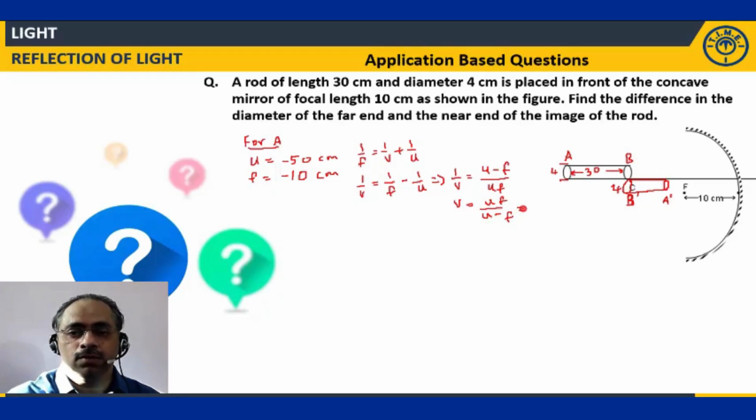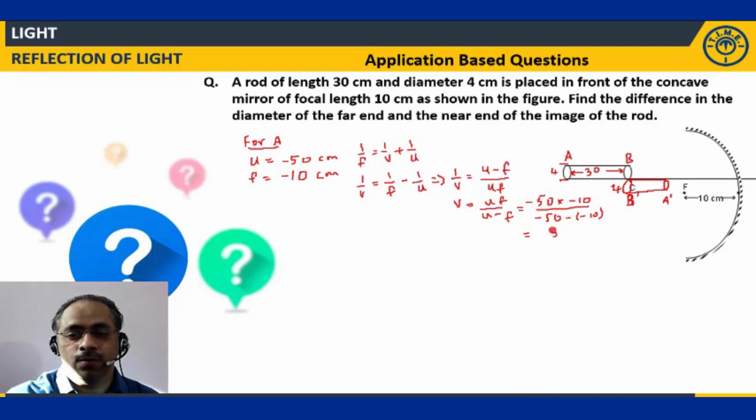Once you get this, now substitute the values. What is the value of U? Minus 50. So I'm writing minus 50 over here. Into F is minus 10. Clear. Divided by U minus F. U is how much? Minus 50 minus 10. Now simplify. Minus into minus is plus.